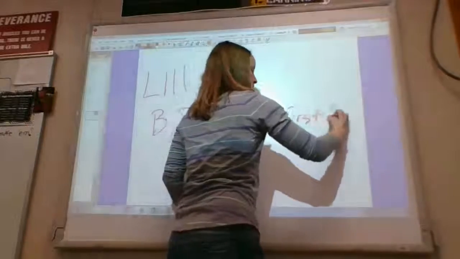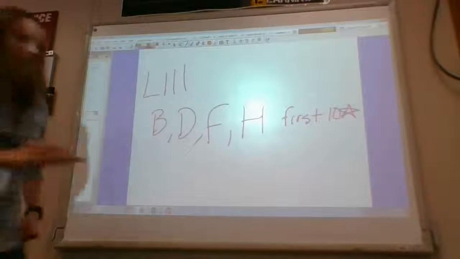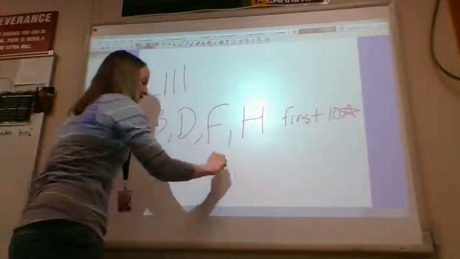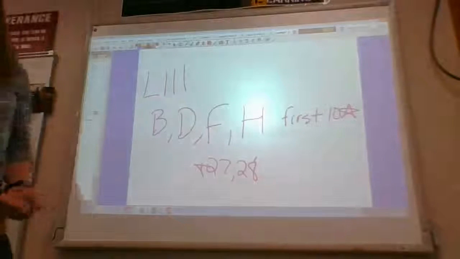First 10 starred, because the next one is a scientific notation one, along with 27 and 28. I know a lot of you are like, oh my gosh, but this was a short lesson. So let's get to it.